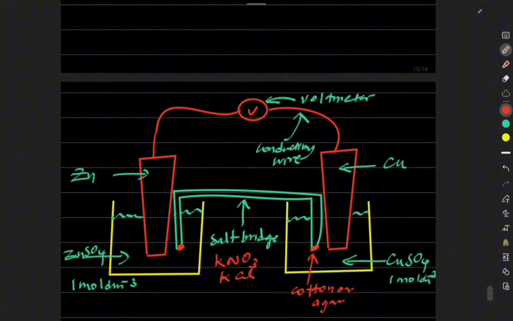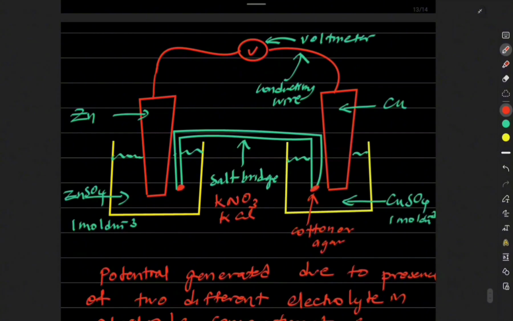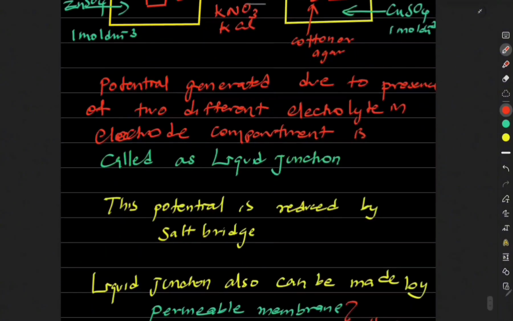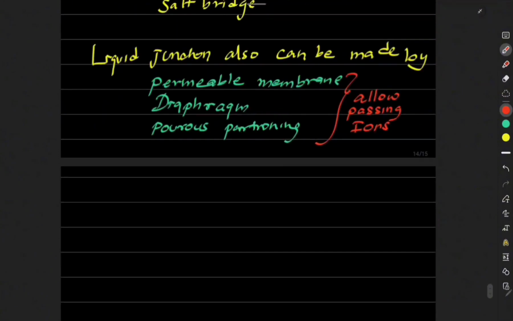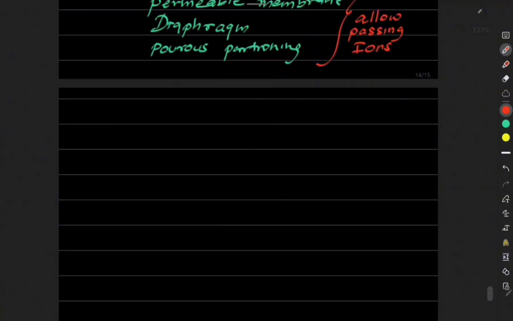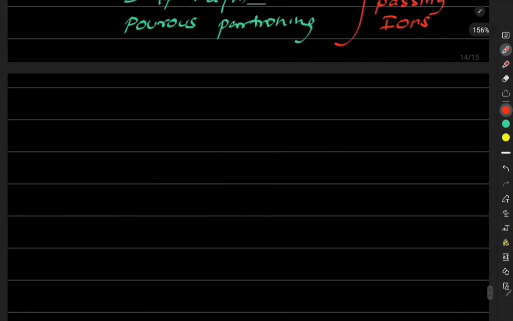If we consider this electrochemical cell, there are two half cells, and now we're gonna look at the equilibrium reactions of the half cells.